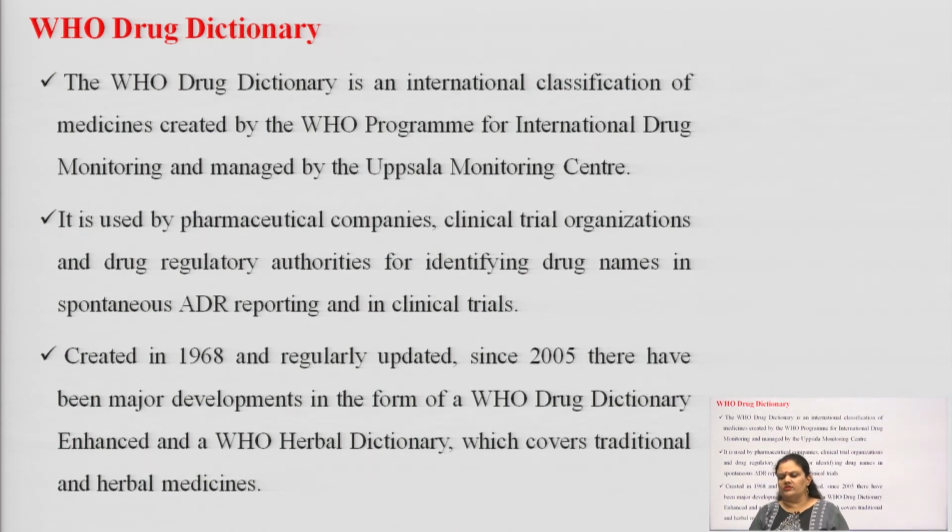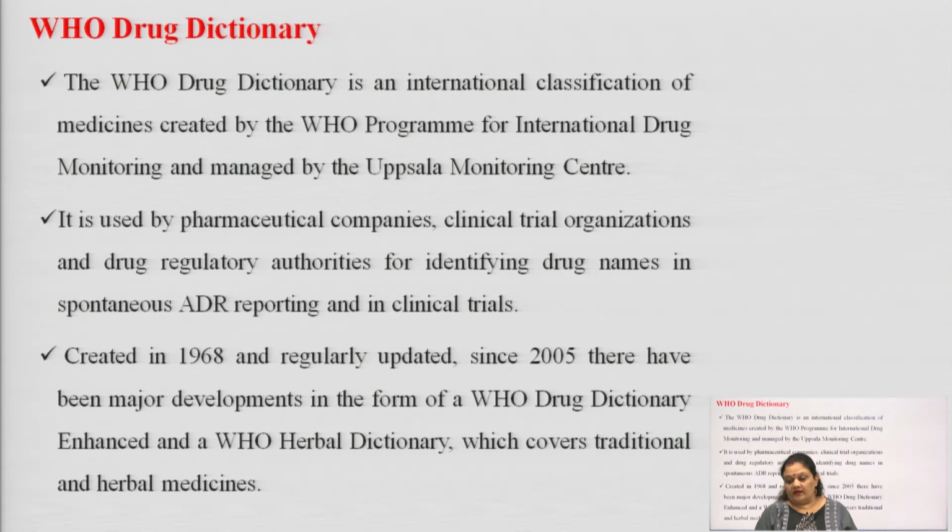The dictionary is used by various pharmaceutical companies, CROs, clinical trial organizations, various drug authorities, and by following this drug dictionary, they will get detailed information about the spontaneous ADR reporting, and it is also helpful in their clinical trials.